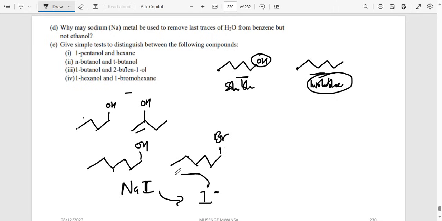It will be able to attack by SN2 and remove the hydroxide. This hydroxide can come and react with the sodium. So that is a reaction that can happen by SN2. But if you look at it reacting with 1-bromohexane, bromine is a stronger nucleophile than the iodine, so the iodine will not be able to displace the bromine. So that reaction is not able to happen. So that is one thing that you're able to say here. That is a very simple test.